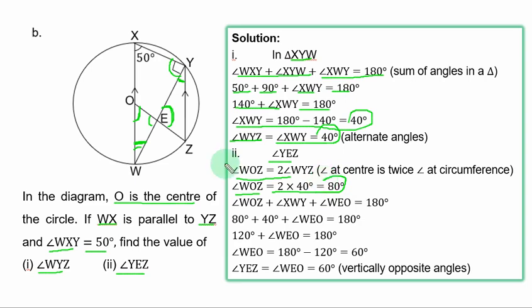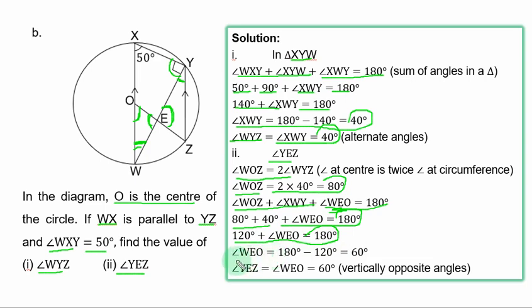In triangle WOE, if you add the 3 angles, the sum is 180 degrees. We are interested in WEO, that is this angle now. So you have 80 degrees plus 40 degrees plus angle WEO equal to 180 degrees. That is 120 degrees plus angle WEO equal to 180 degrees.